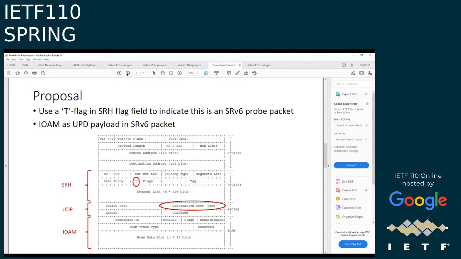It indicates that this is a dedicated SRv6 probe packet, and following the SRH is a UDP header. The destination port of the UDP header is used to code what type of IOAM options is in the payload. So this is the scheme. Next slide.